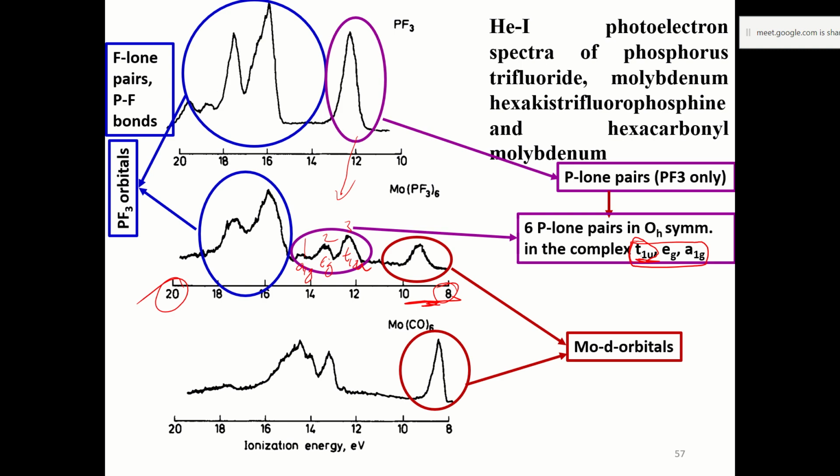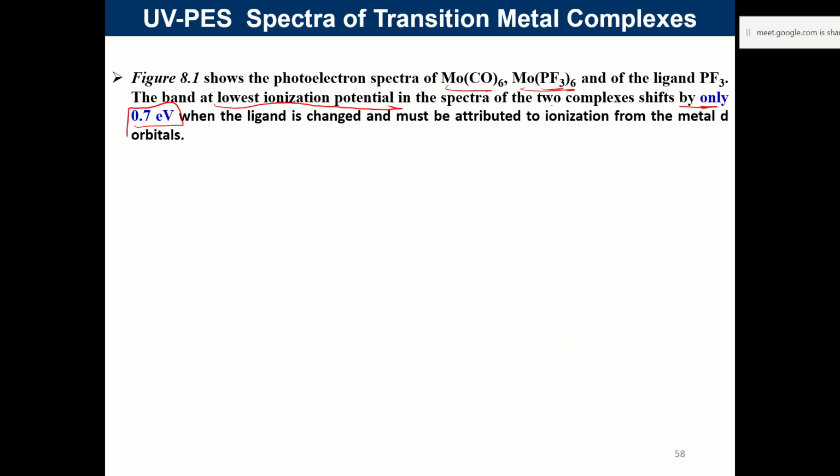So look at this, the change in these two peaks is only 0.7 electron volts when the ligand is changed.